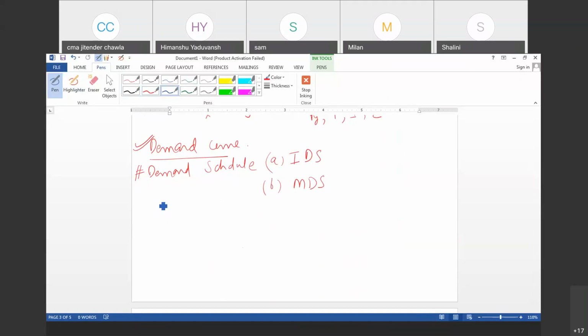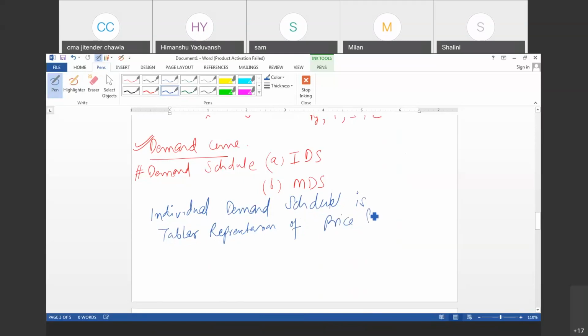First, individual demand schedule is tabular representation of price and quantity demanded by an individual or a customer.